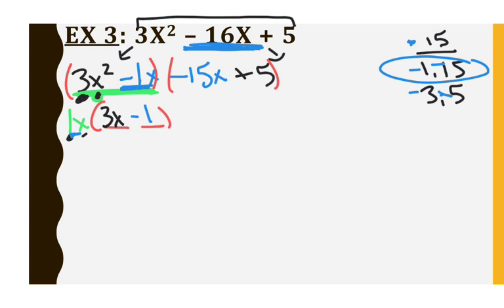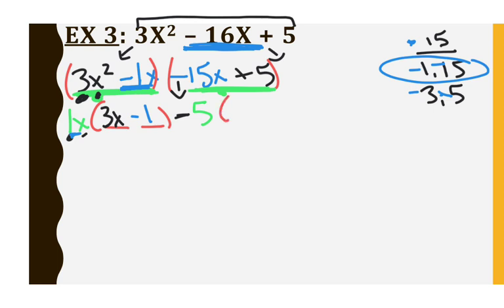Okay, notice in this second set, I have a negative here, so I'm going to bring that down. Then I'm going to say, what's my greatest common factor here for 15 and 5? Ignore the negative for a second. So the biggest number that goes into 15 and 5 is 5. We have an x with the 15, but no x with the 5.